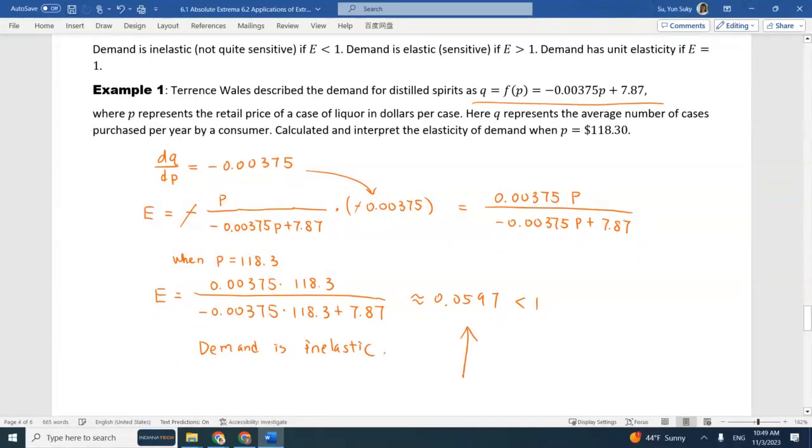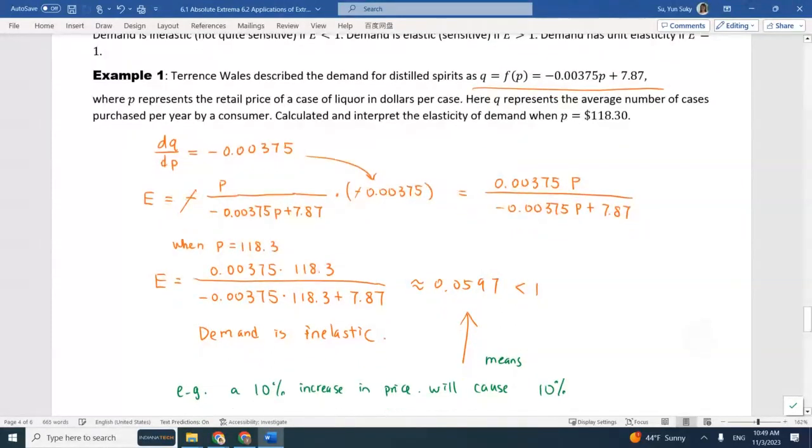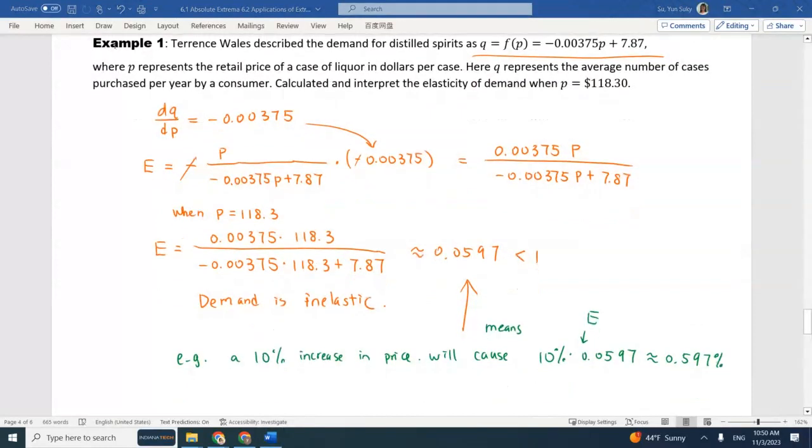So for example, if you have a 10% increase in price, then this will cause, you use this 10% times the E, which is 0.0597, about a 0.597% decrease in demand.